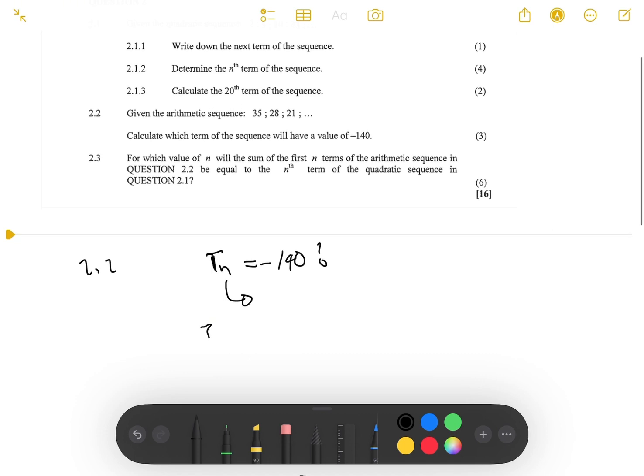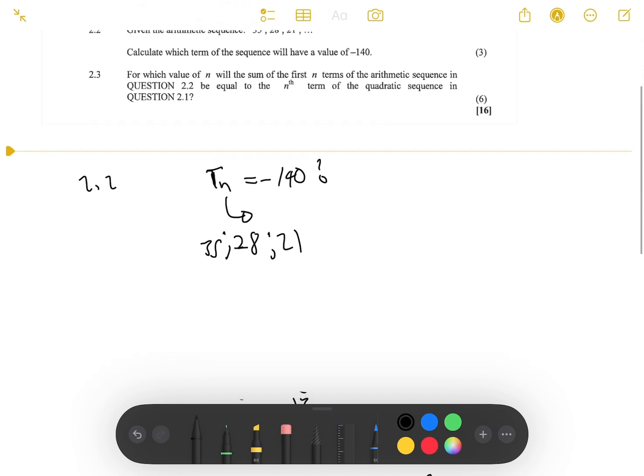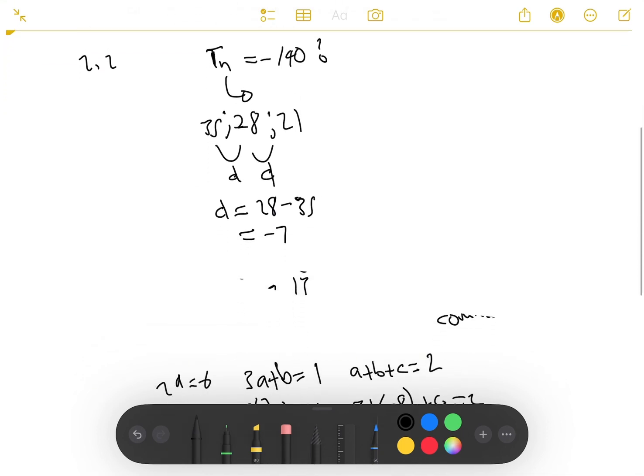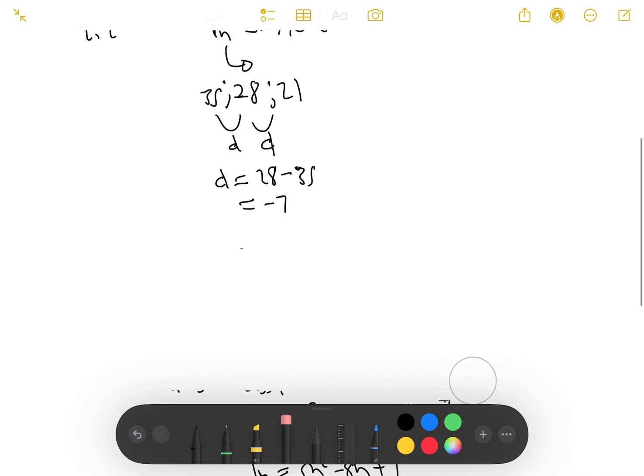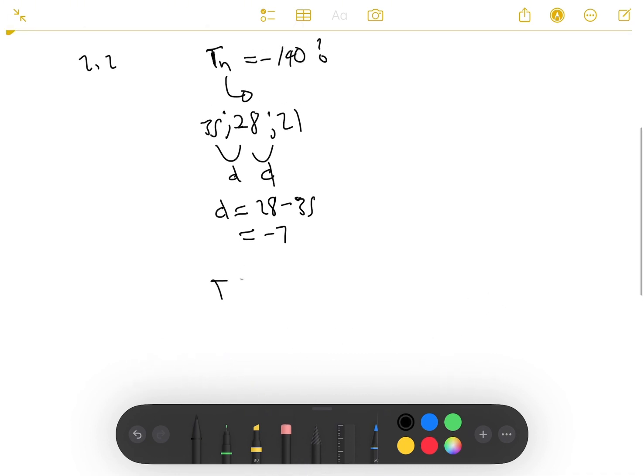So we have 35, 28, 21, and we know there's a common difference, which is 28 minus 35, equal to negative 7. From that we use the general formula, a plus (n minus 1)d.